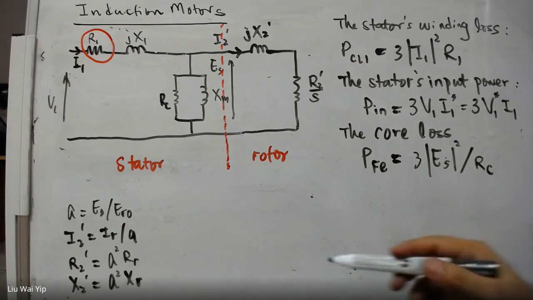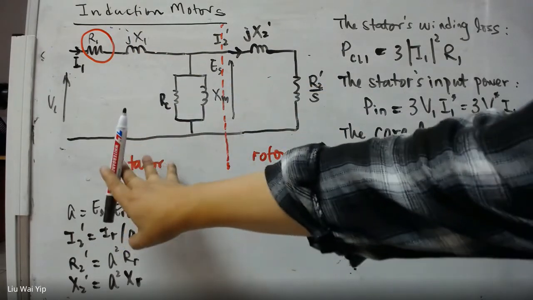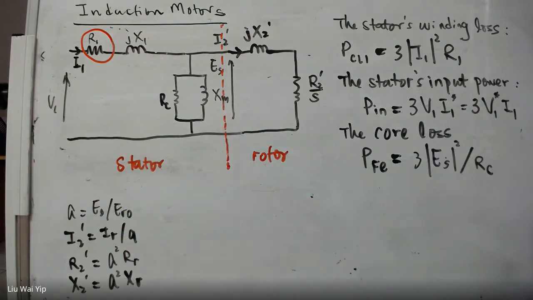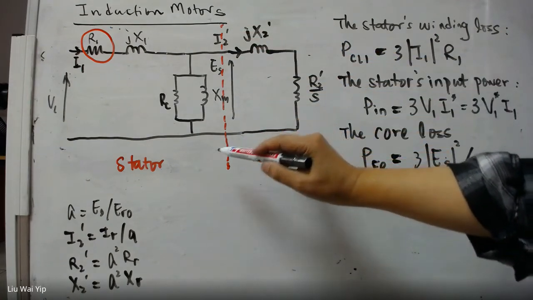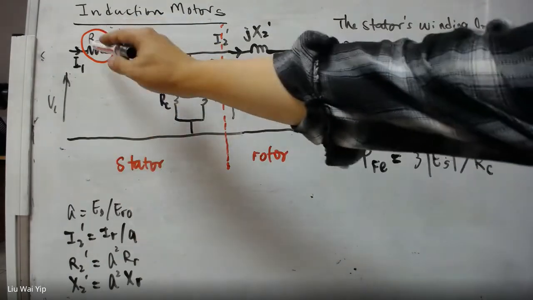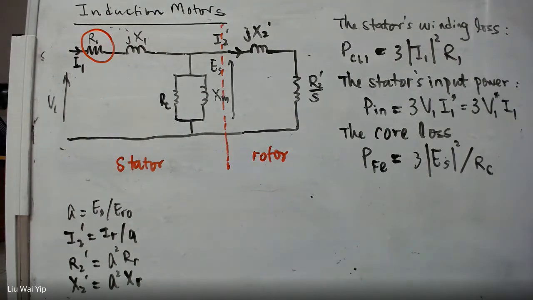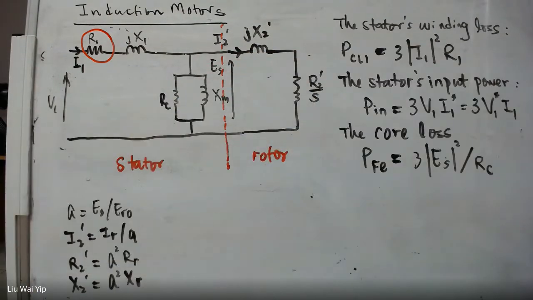Now, as I said, everything on the left of the red line here belongs to the stator. Right now, we have already modeled the winding loss for the stator and the core loss of the stator.